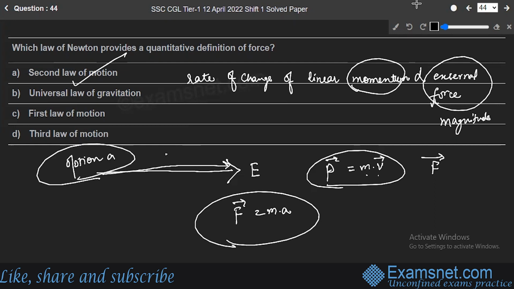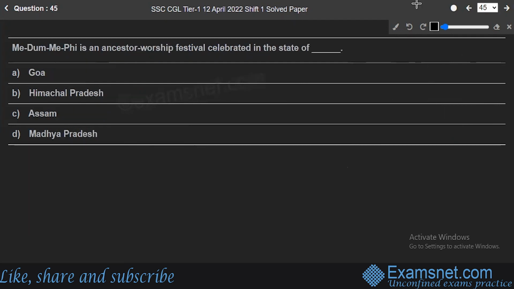Hope you are clear. Let's move to the next question, number 45. Midu Mifi is an ancestor worship festival celebrated in the state of Goa, Himachal Pradesh, Assam, or Madhya Pradesh. Which of these is the answer to the question? Midu Mifi is a festival which is celebrated in the state of Assam.